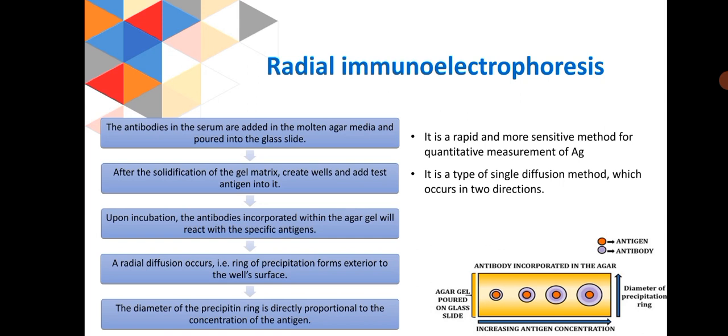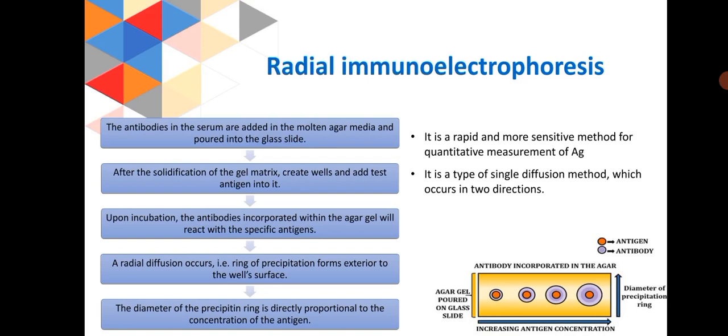Radial immunodiffusion, where the antibodies in the serum are added in the molten agar media and poured onto a glass slide. After the solidification of the gel matrix, create wells and add test antigen into them. Upon incubation, the antibodies incorporated within the gel will react with the specific antigens.